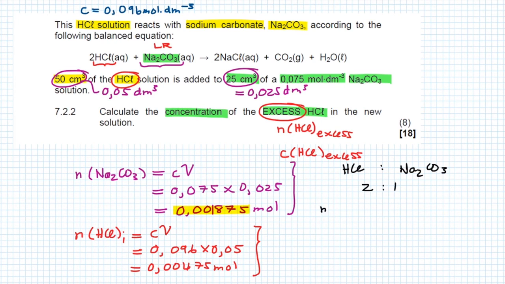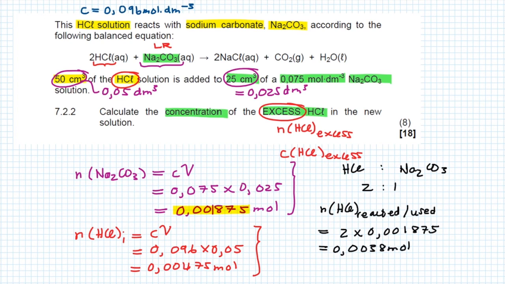That means that the number of moles of HCl that actually reacted is going to equal 2 times 0.001875. When we plug this into our calculators, we find that the number of moles of HCl that reacted or was used up is going to equal 0.0038 mole.